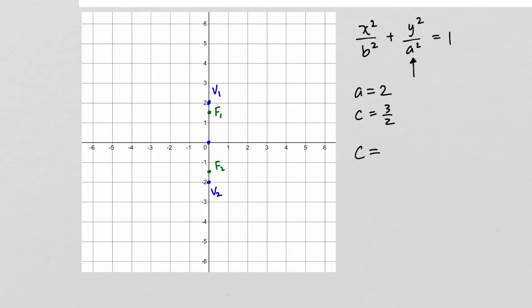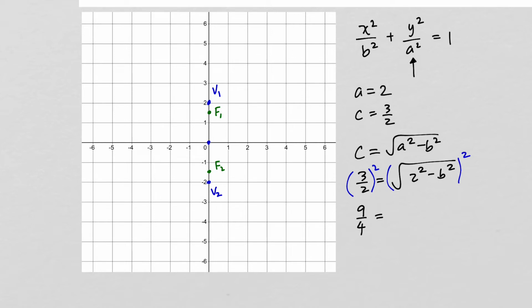We know that c is equal to the square root of a squared minus b squared. So that means that 3/2 is equal to the square root of 2 squared minus b squared. What I can do to solve this for b is square both sides. This is going to give us 9/4 on the left side and 4 take away b squared on the right side.